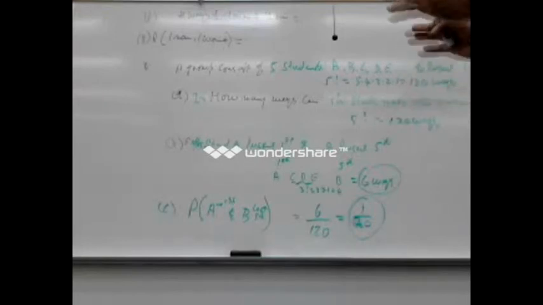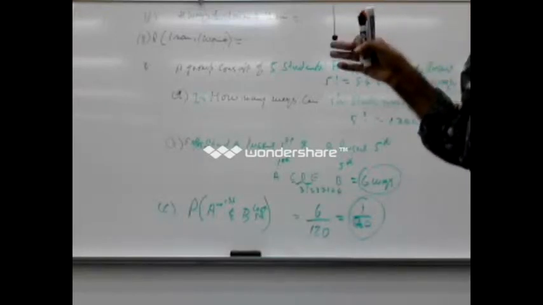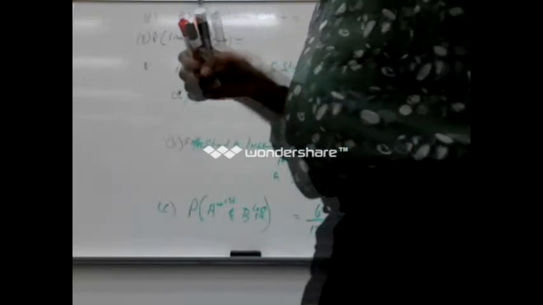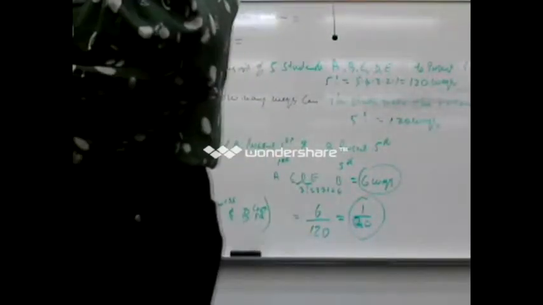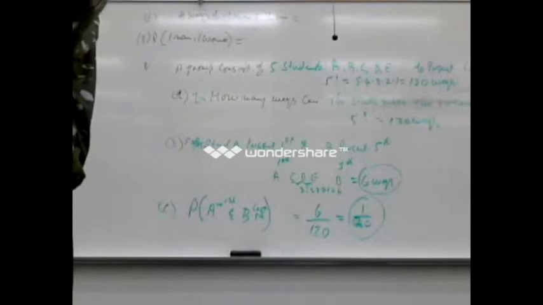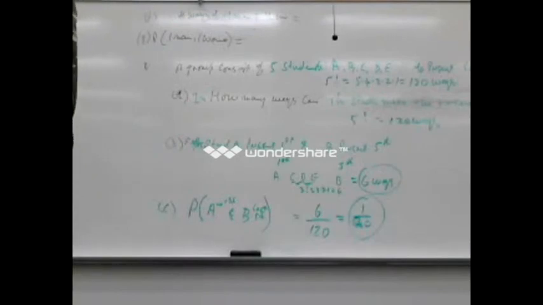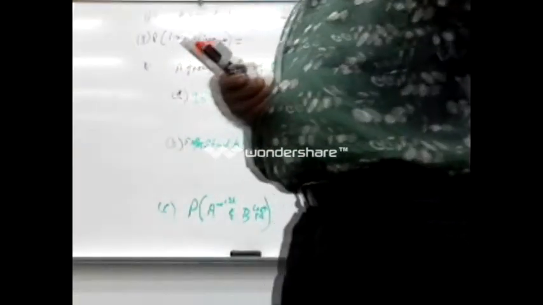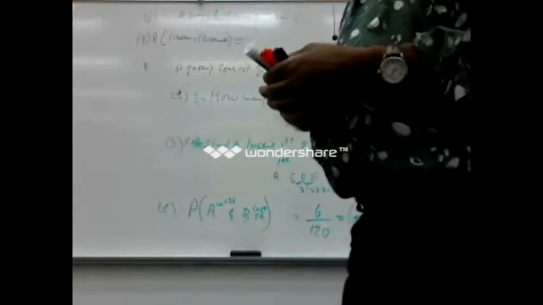So these kinds of probability are a little bit more complex than the one we were dealing with when we talked about theoretical probability and empirical probability. This is more complex than the one in tossing coins and rolling dice.